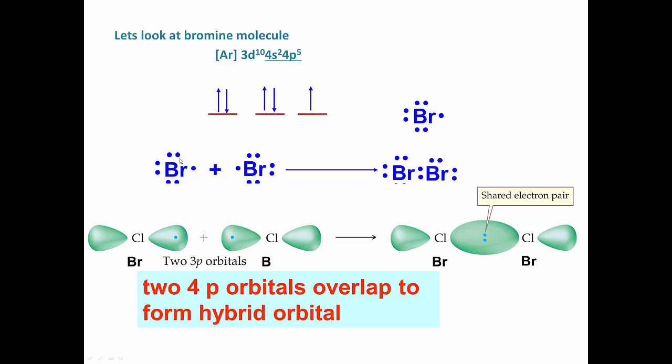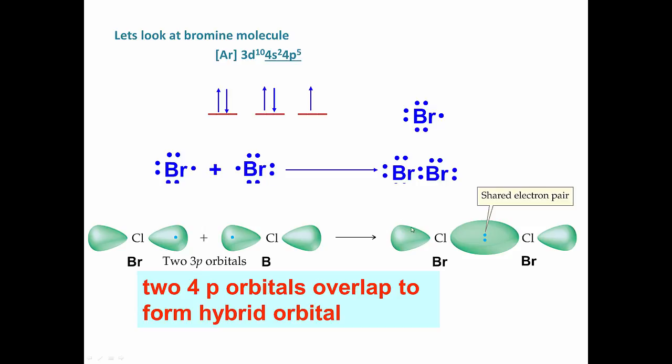Notice that there are 3 pairs of electrons here, and we have 1 electron on its own. So these two bromine atoms can form a covalent bond. There should be 2 electrons down here and 2 electrons down here.